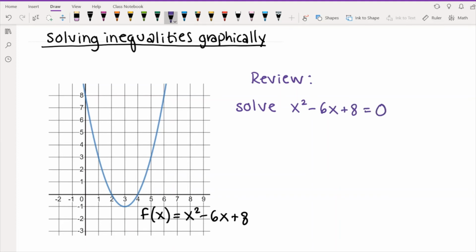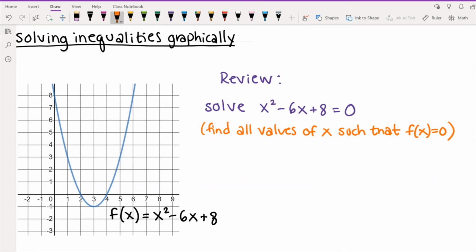What does it mean to solve an equation just by looking at the graph? Well, because our function is x squared minus 6x plus 8, you could also phrase this as find all values of x such that f of x is equal to 0, right? That means the same thing.